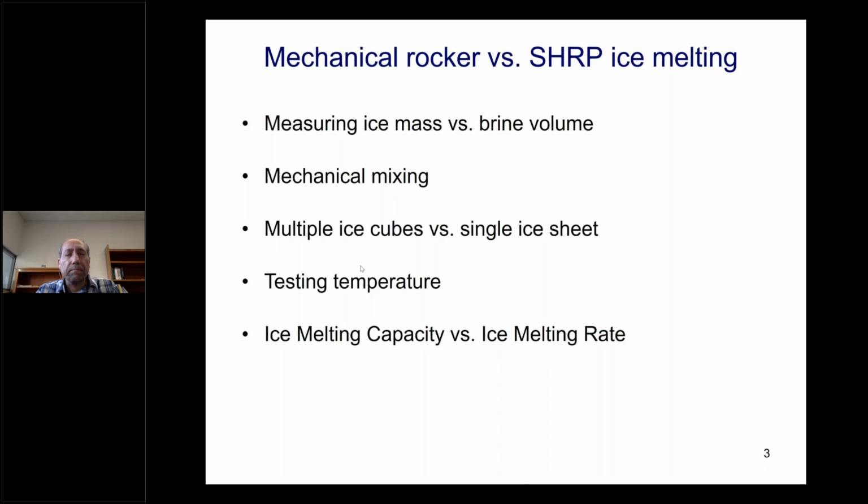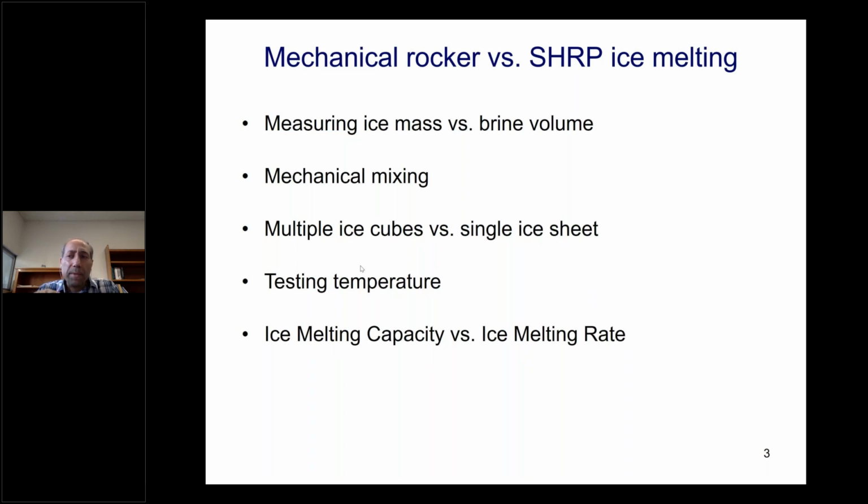For instance, in the SHRP method, we have ice, we put the de-icer on top of that, and as I told you, by using a syringe, we measure the ice melting rate. So we collect the brine, actually.